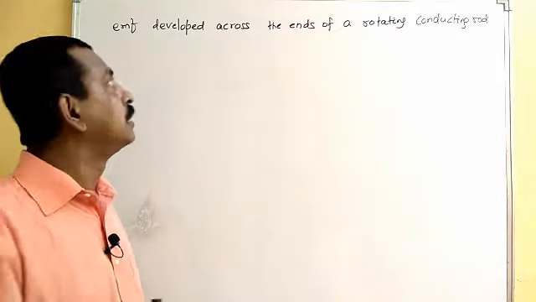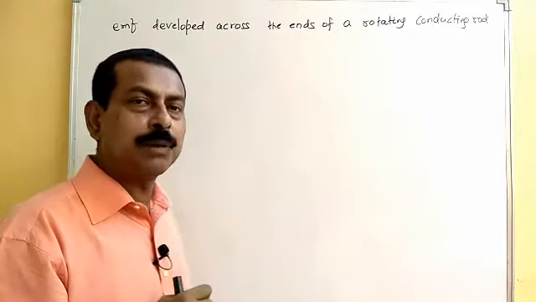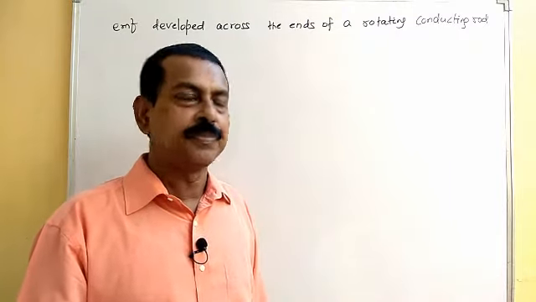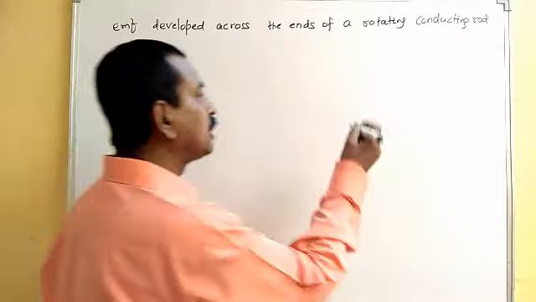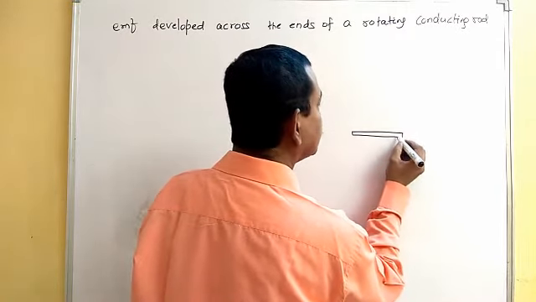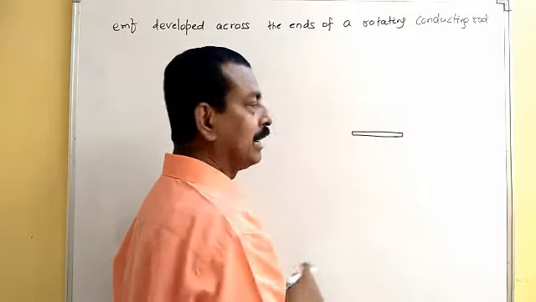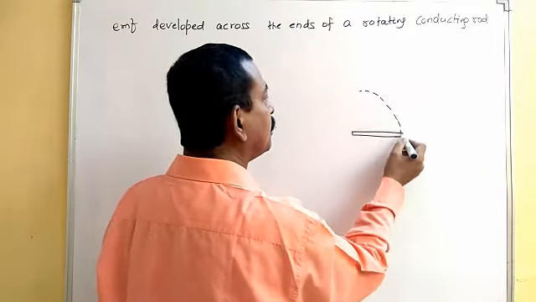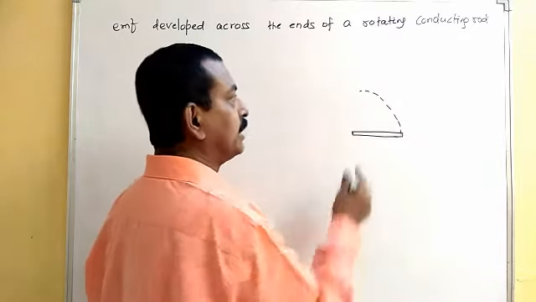Let's now take the case of the EMF developed across the ends of a rotating conducting rod. Suppose you have a rod of length L, and it is being rotated about one of its ends.